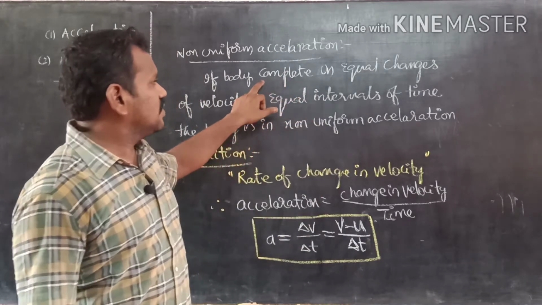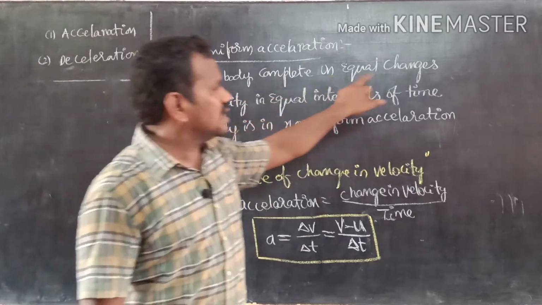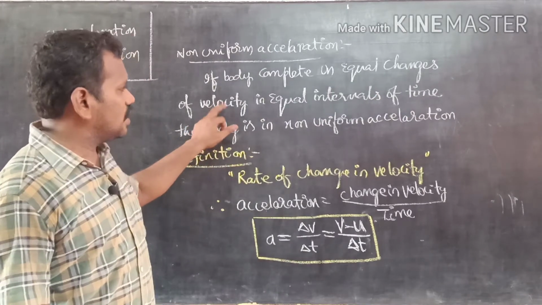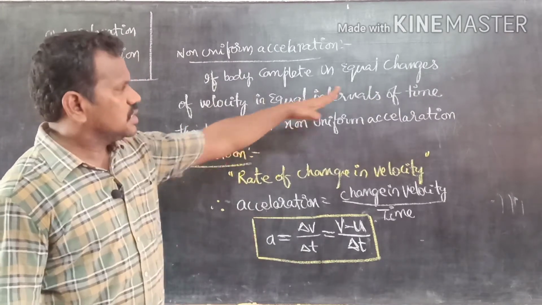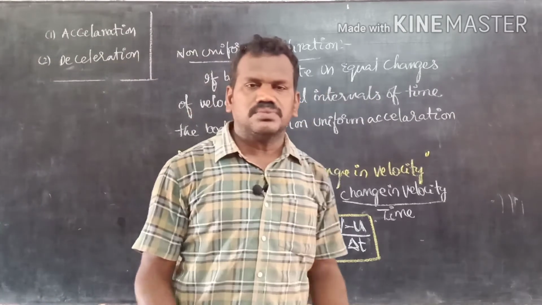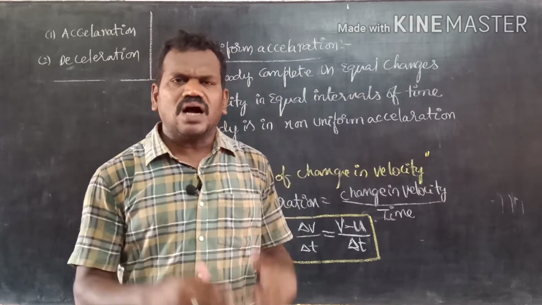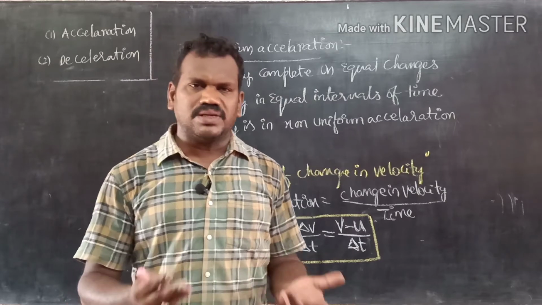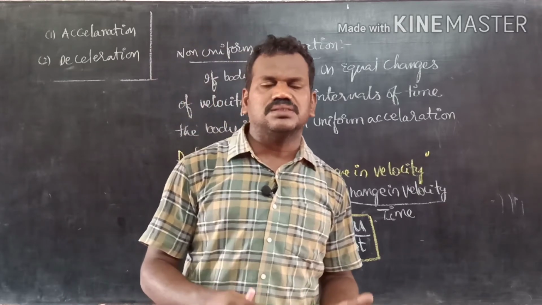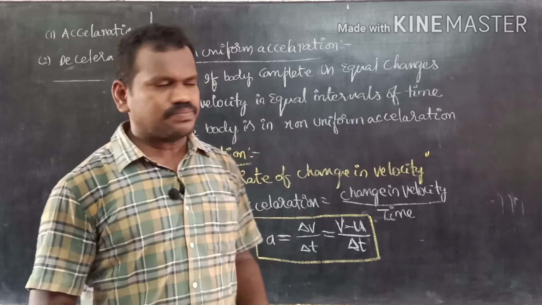That means the body undergoes unequal changes of velocity in equal intervals of time. Time should not change; the intervals are always equal. They may be in seconds or minutes, whatever it may be.